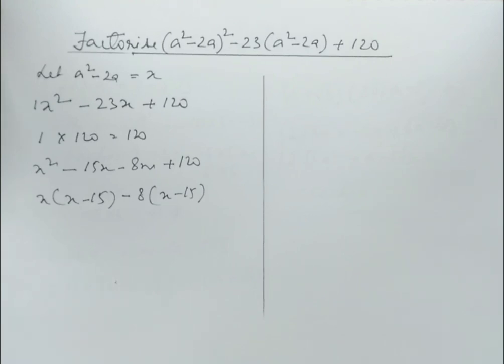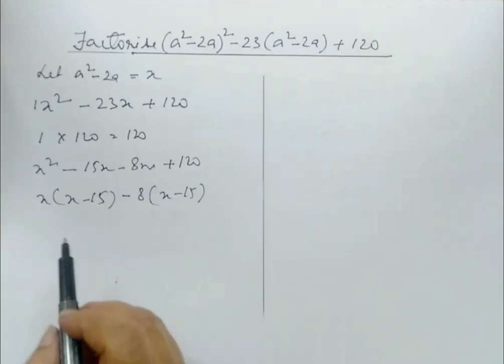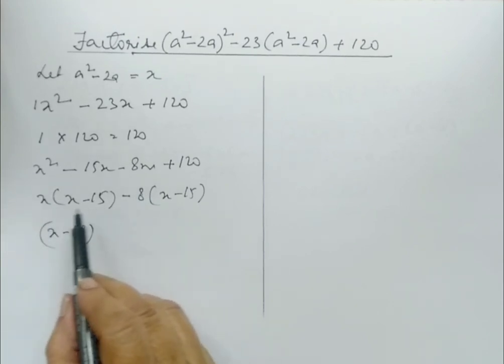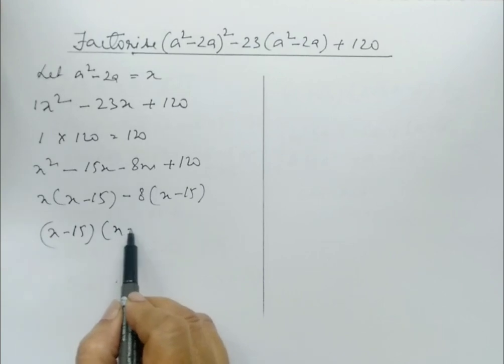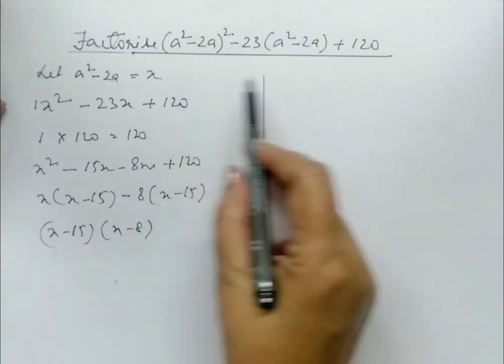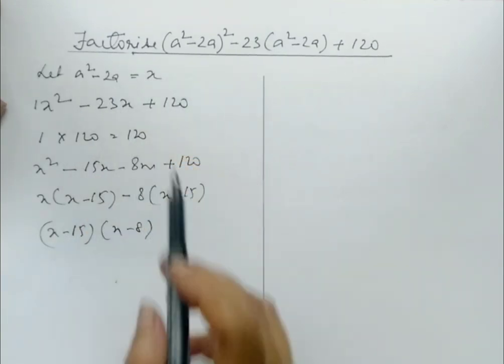Got it? So this is the common factor, so x minus 15 here, and I have another one, x minus 8. Correct?